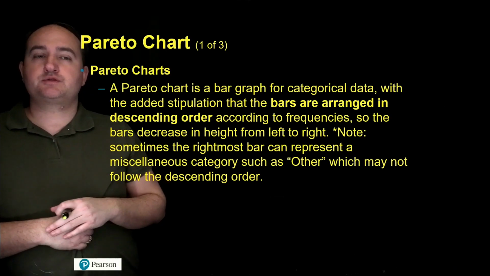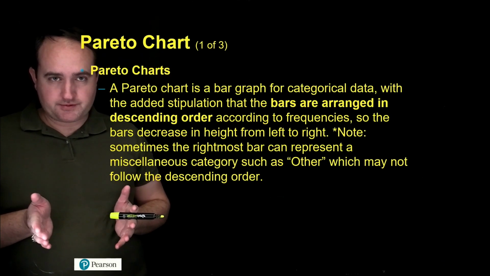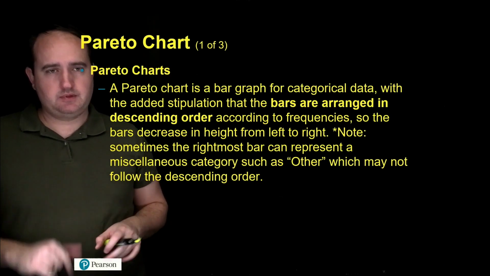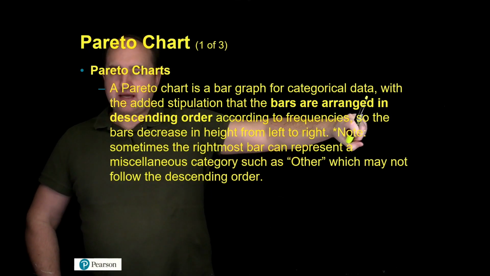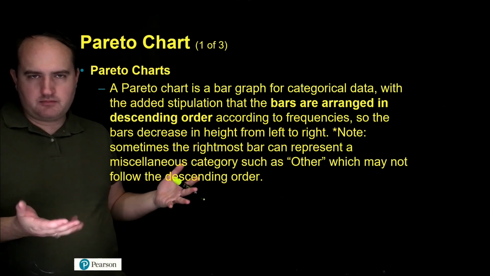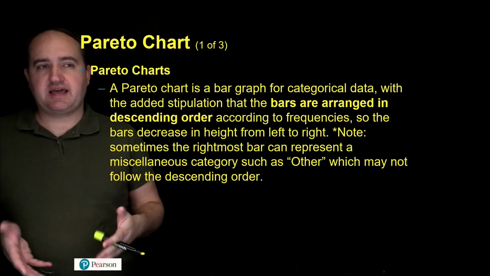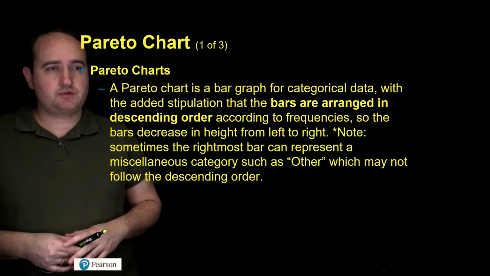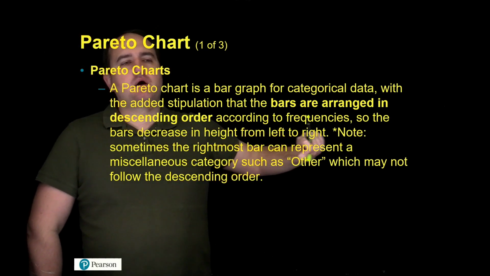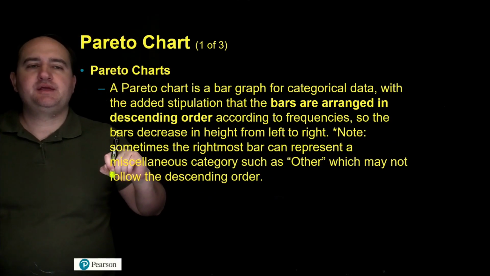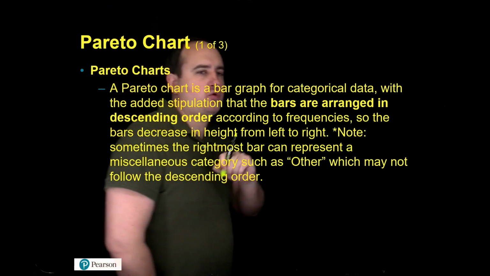Now, Pareto charts are definitely bar graphs, so they're not histograms. A Pareto chart is a bar graph for categorical data. Like we just said, bar graphs always represent categorical data, not numbers, with the added stipulation that the bars are arranged in descending order according to the frequencies.